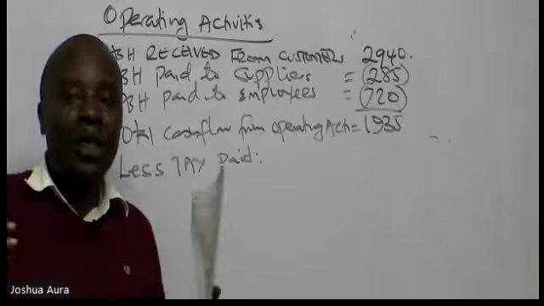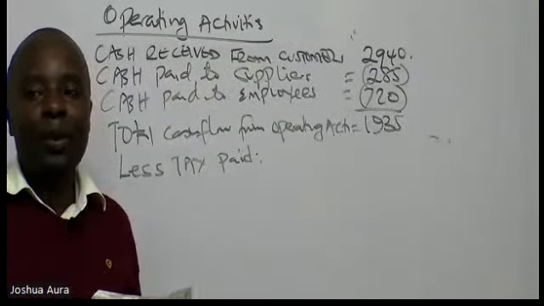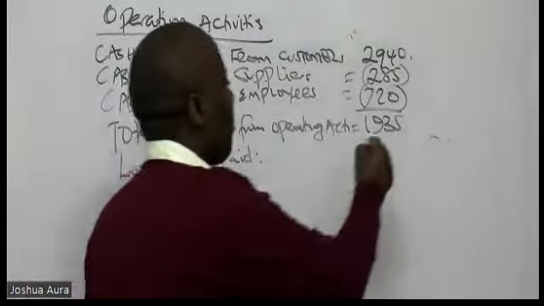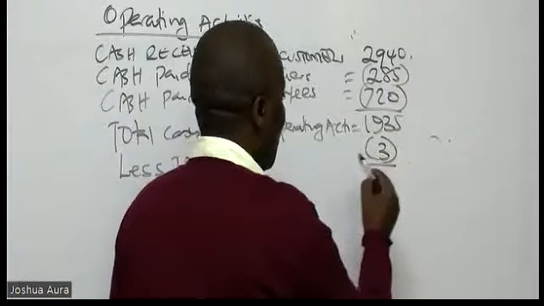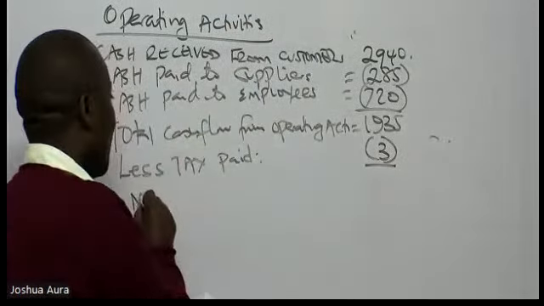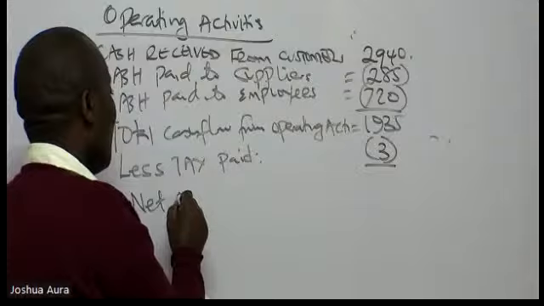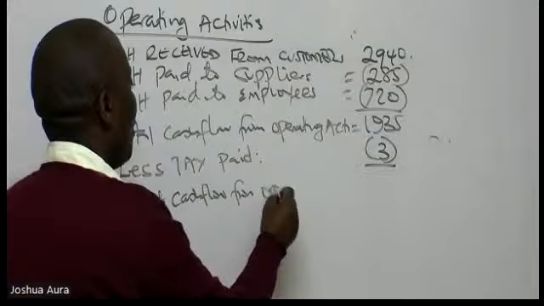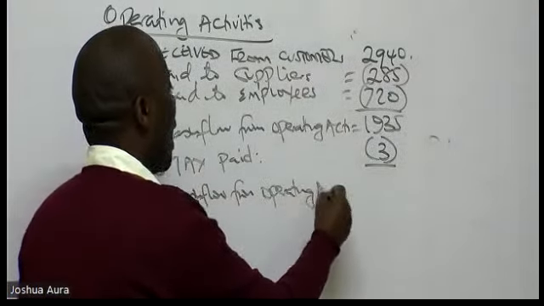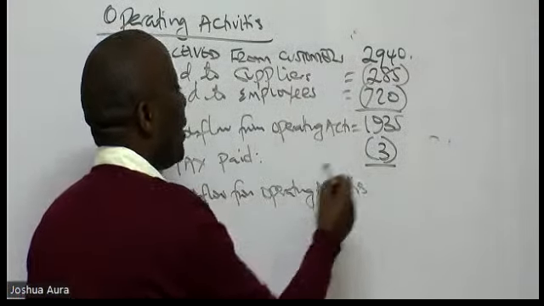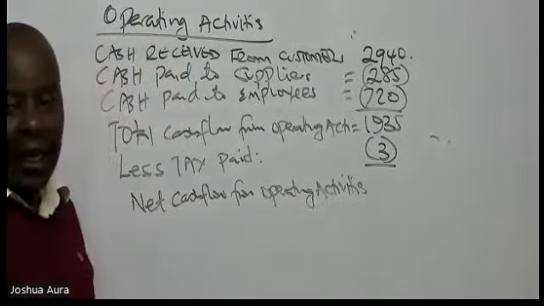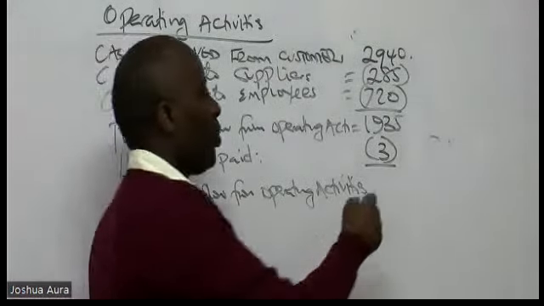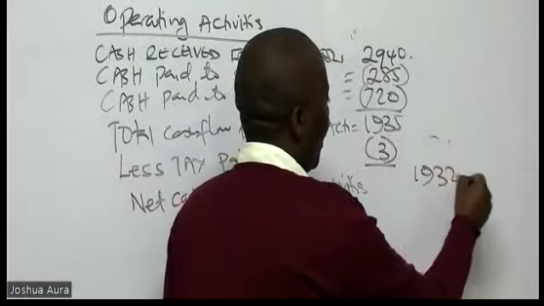We had already calculated this tax paid, if you remember, it is 3. Tax paid is 3. So when you subtract like that, then you should be able to get net cash flow from operating activities. 1935 minus 3 gives me 1932.